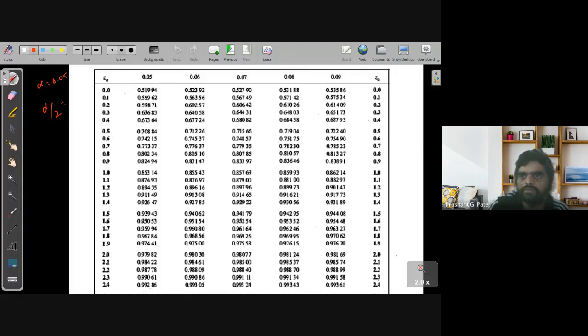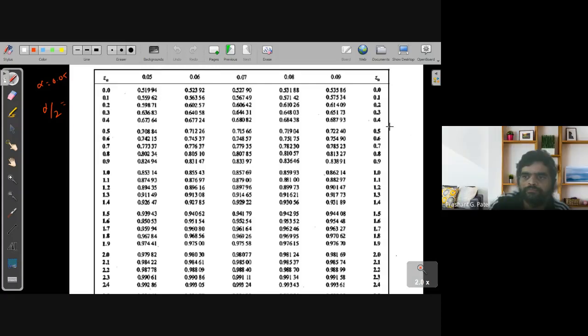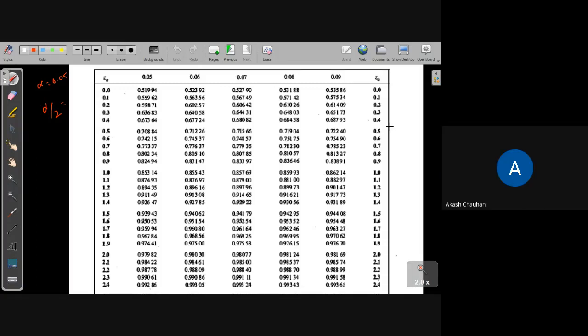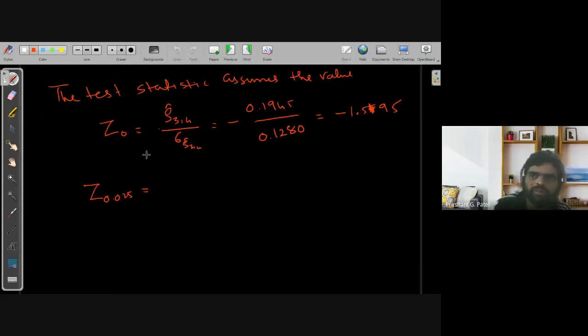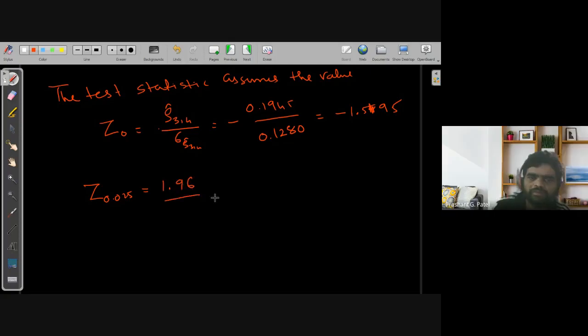In the statistical tables, I have to find the normal probability integral table. Yes. Okay. 0.6985... The value is 1.96.